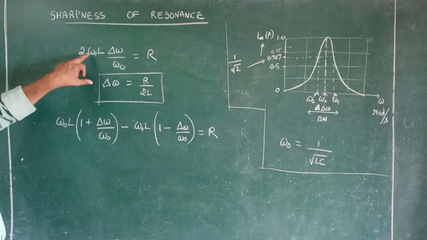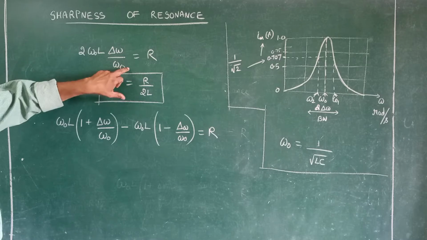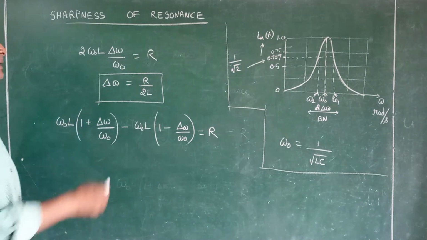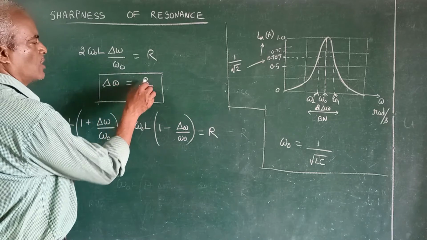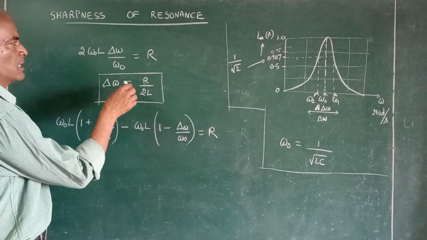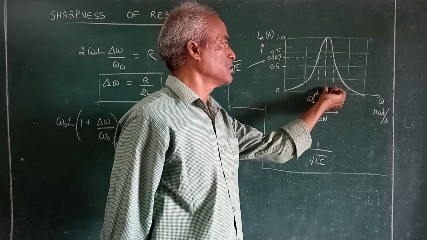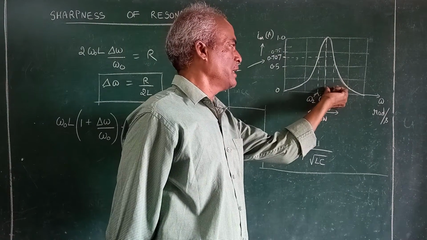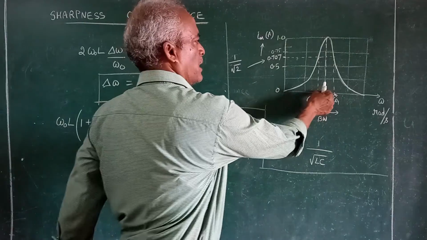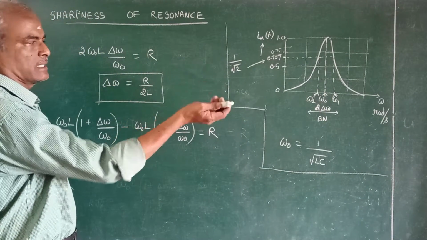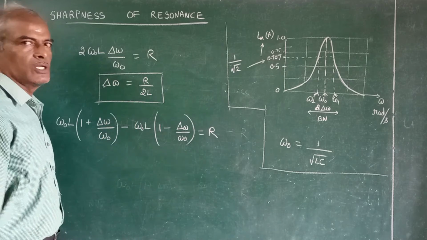Therefore 2 ω naught L del ω by ω naught equal to R. So this ω naught gets cancelled. So del ω is equal to R by 2L, bringing the other terms to this side. This side del ω, this side also del ω. That means R by 2L on that side and R by 2L on this side.